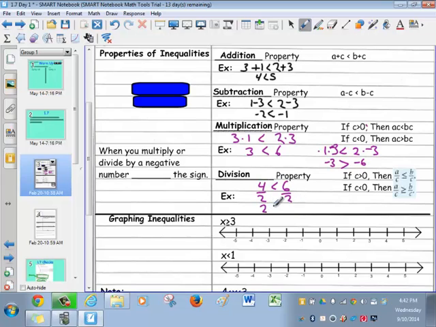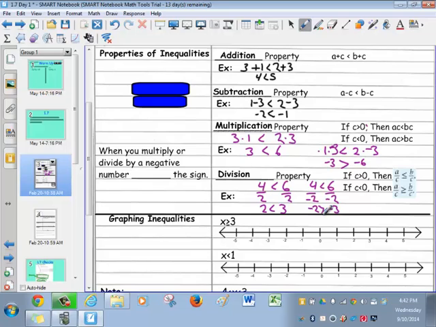We got 2 is less than 3. Yeah, that's true. So when you divide by a positive number, the inequality stays the same. Now let's do one where c is less than 0. What happens when we divide by negative 2? 4 divided by negative 2 is negative 2, and 6 divided by negative 2 is negative 3. Now this one's actually bigger, so the inequality has to change around.